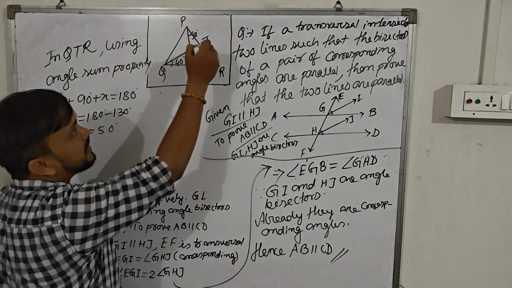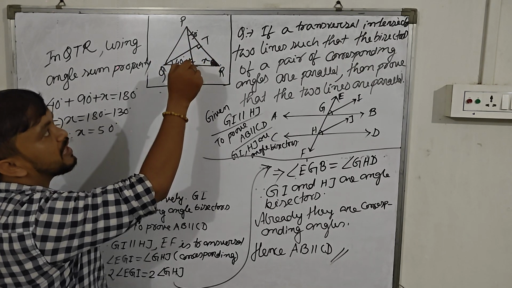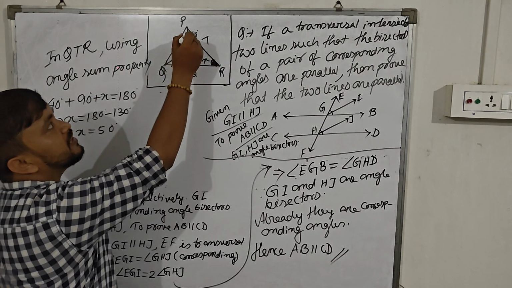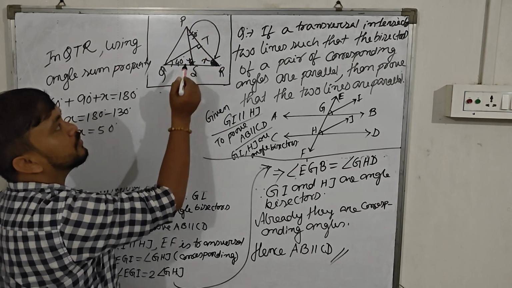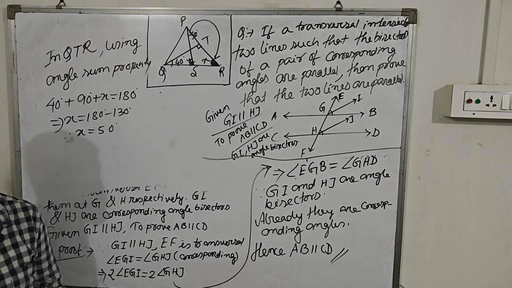Consider triangle PRS. Focus on this triangle well. If I add these two angles, that will be equal to Y by exterior angle property.